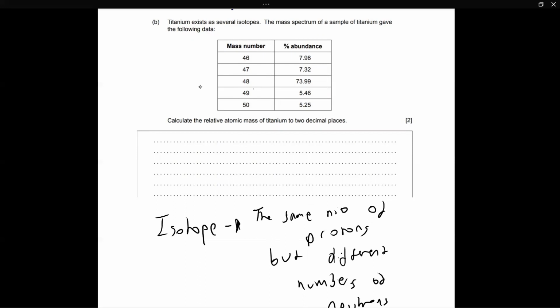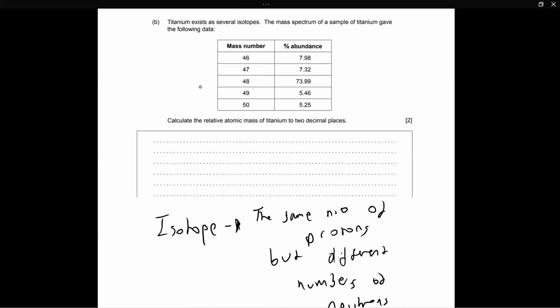Another thing that governs the relative atomic mass is the percentage abundance of that specific titanium atom. For example, if you were to randomly pick one person from the human population, the chance of picking a person from India would be about 1 in 7, because India has a population of approximately 1 billion people and there are about 7 billion people on Earth.